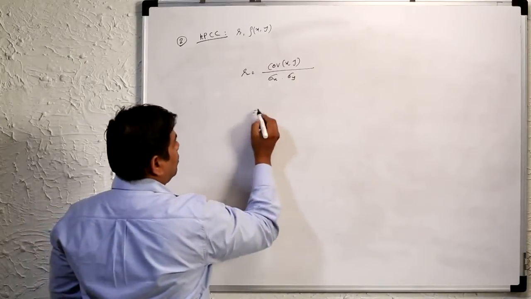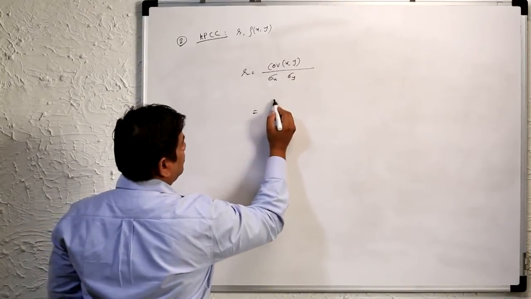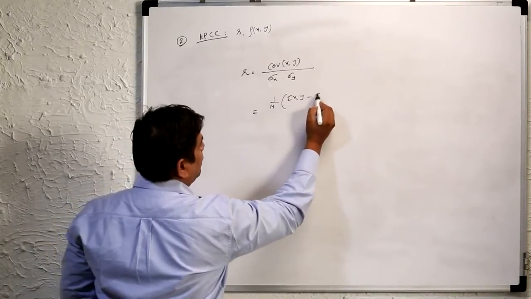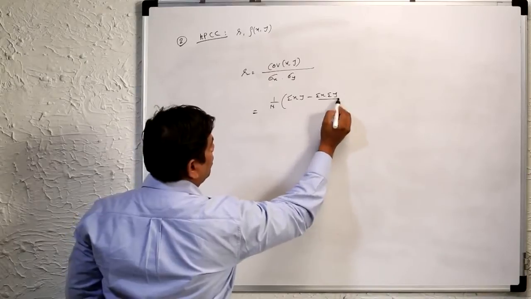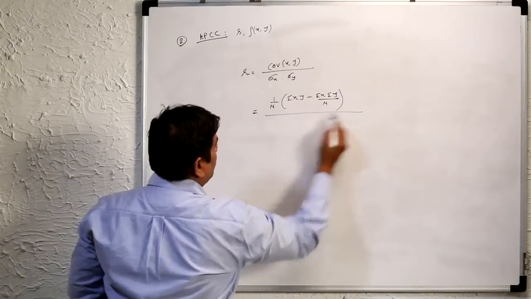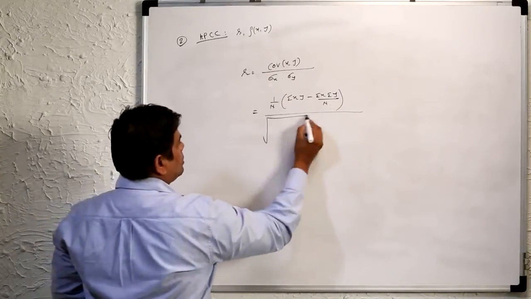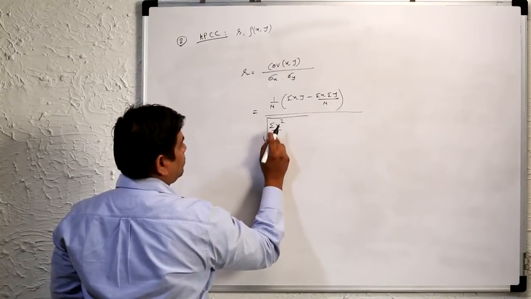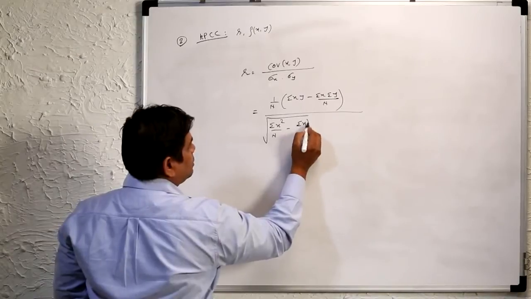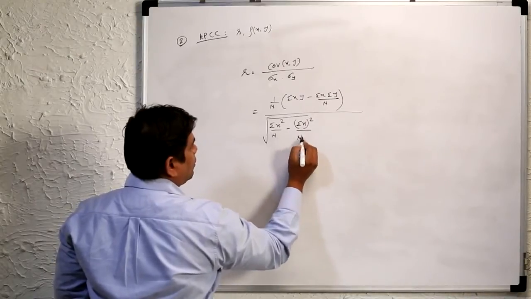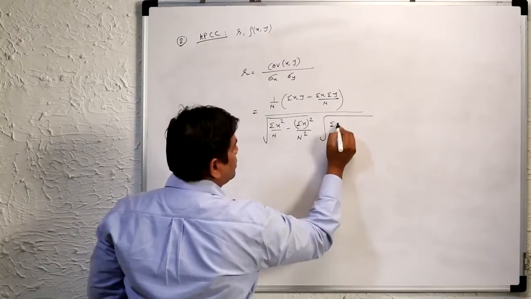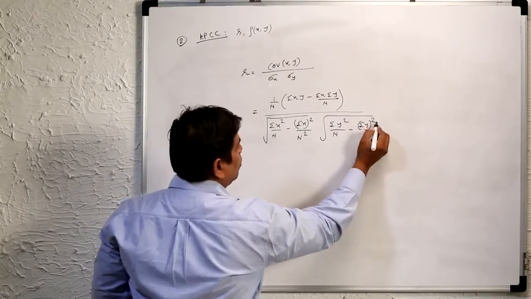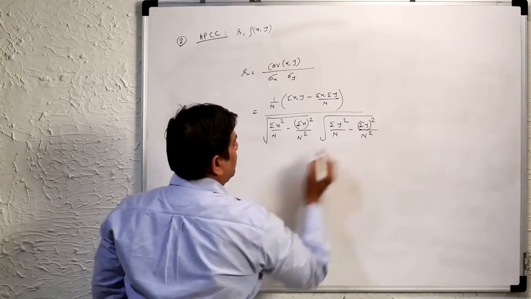As we have studied, covariance is 1 over n, bracket summation xy minus summation x summation y upon n, the whole upon sigma x, which is root of summation x square upon n minus summation x the whole square over n square, and sigma y, root of summation y square over n minus summation y the whole square over n square.